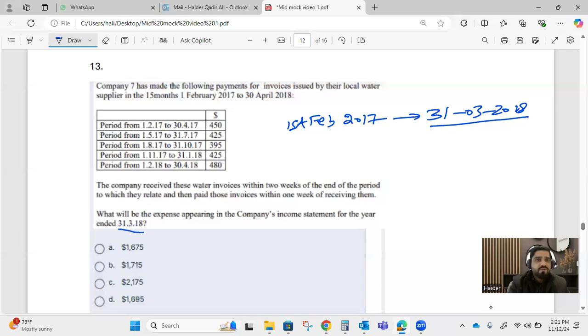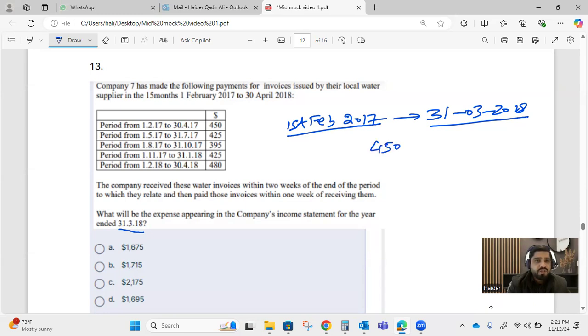So we have been given these invoices. We need to know how much cost belongs to this period ending at 31st March. This is the closing date, and the opening date according to the year ending must be 1st February 2017. Now you can see this invoice starting from 1st February 2017 till 30th of April 2017.